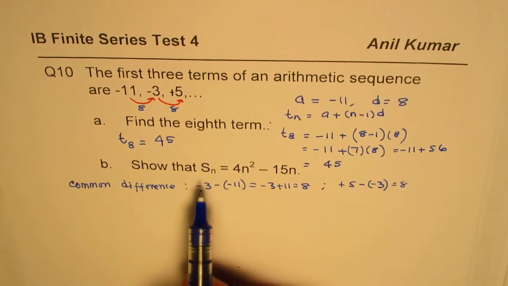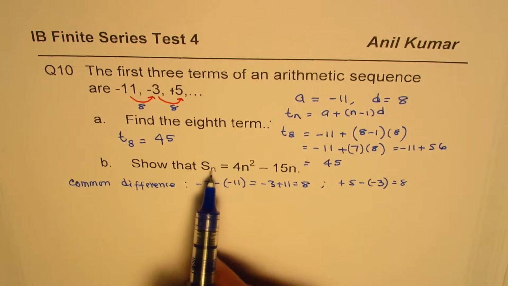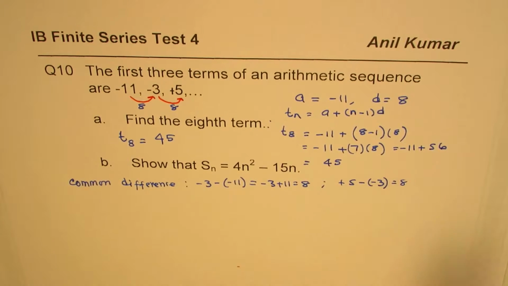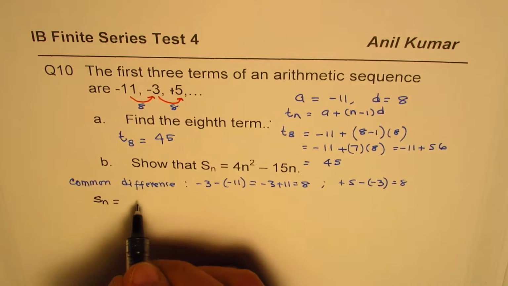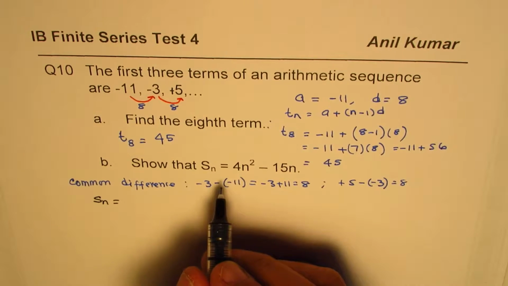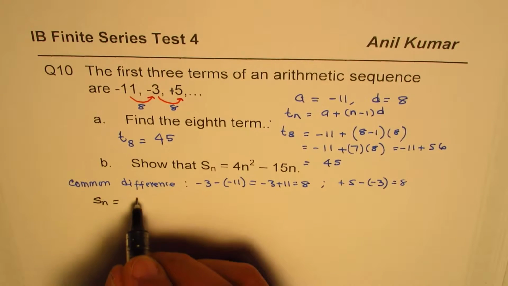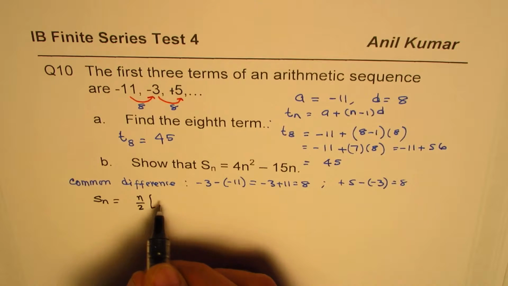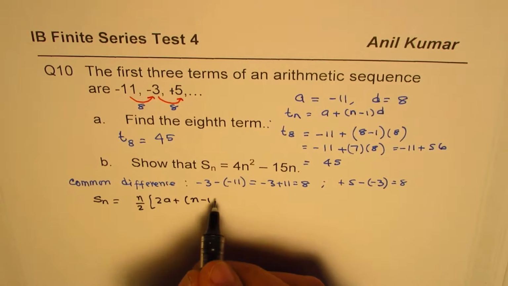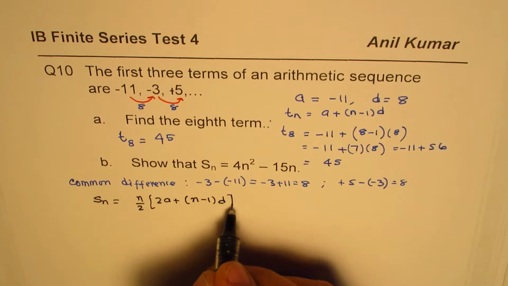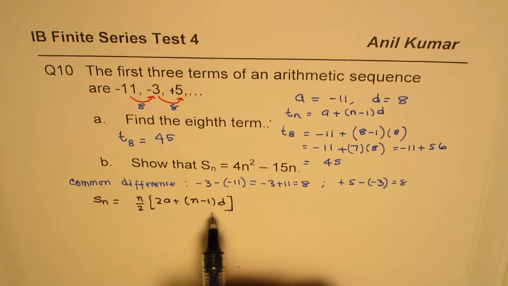Now we need to find the sum of n terms. So the formula for the sum of n terms is Sn equals n over 2 times 2a plus n minus 1 times d, right? That is the sum of n terms.